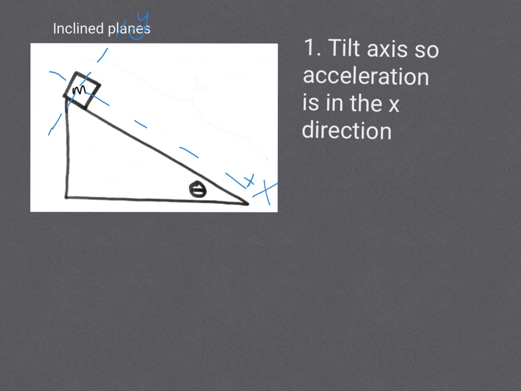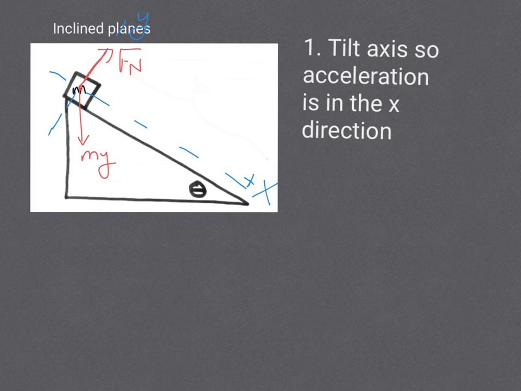Okay? So in this situation, we're just going to have the block on a frictionless plane. Here we have gravity acting from the center, and that still acts straight down. mg. Then we have the normal force from the surface. All right, and those are the only two forces that are acting on this block.